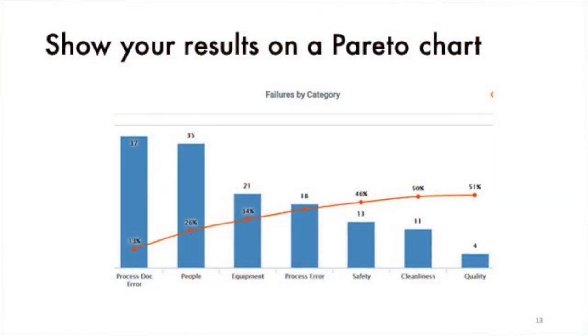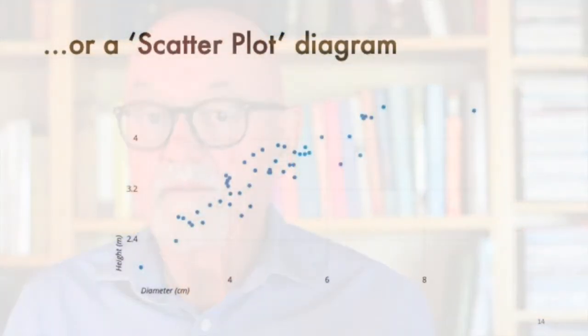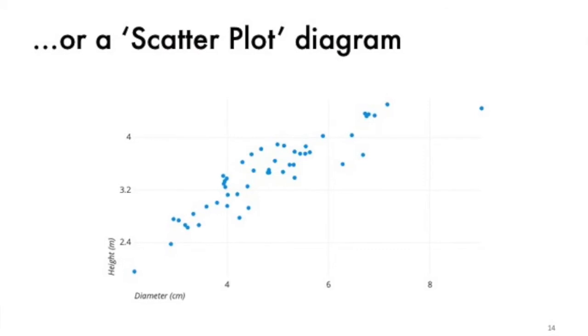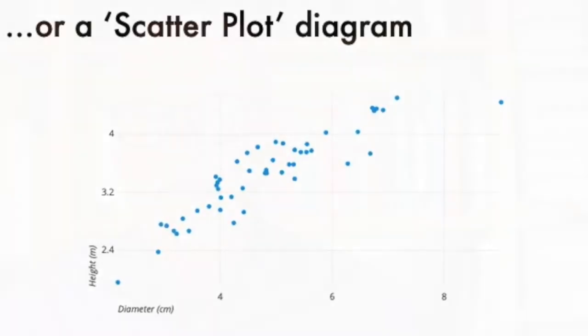And you can put all the information together visually, and people can almost instantly see if there's trending, see what direction things are going. Another place to store your information is in a scatter diagram. Again, it's very easy to see quite quickly what the trends are.